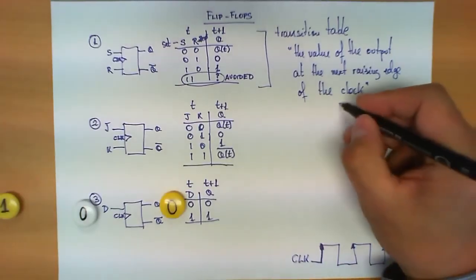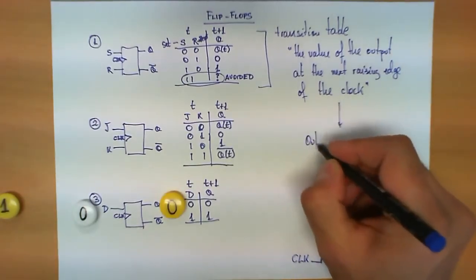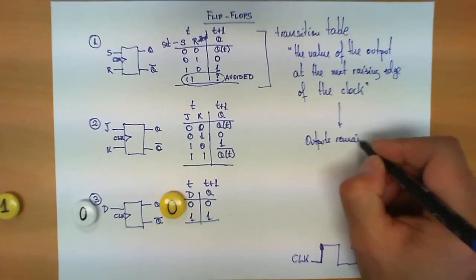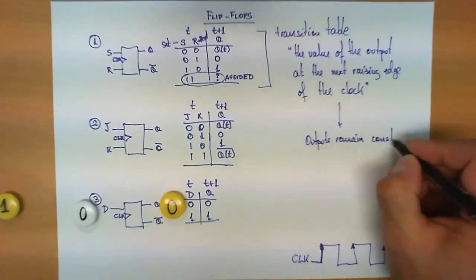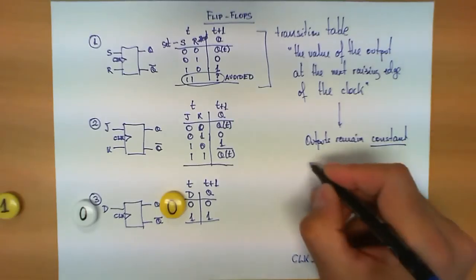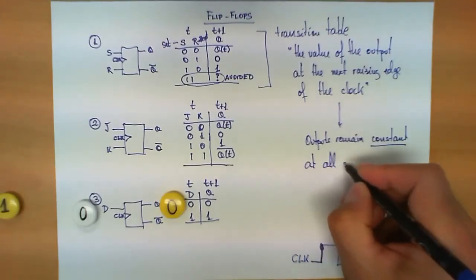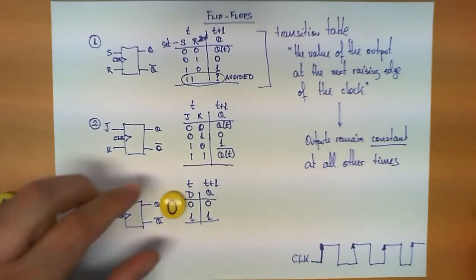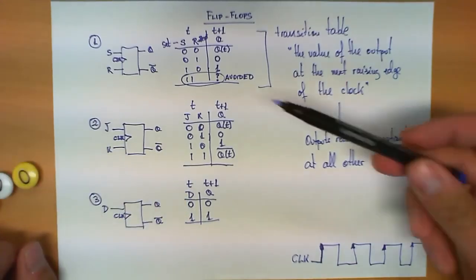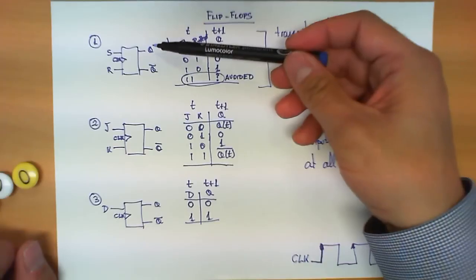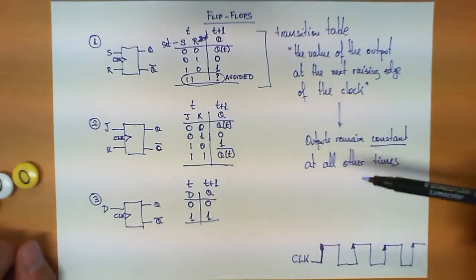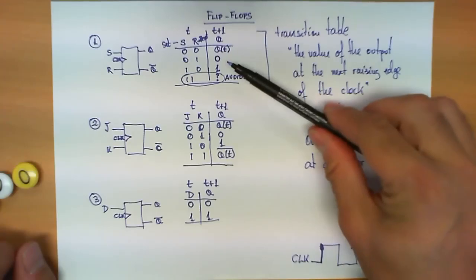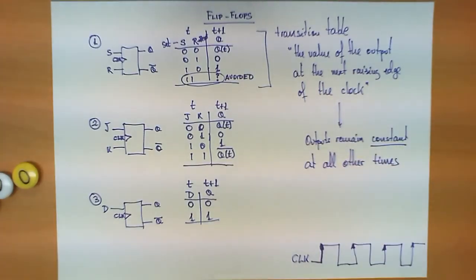And very importantly also to remember is that outputs remain constant at all other times. So, another way of looking at it, the common property of these three circuits is that the transition in the outputs only occurs when there is a rising edge on the clock, and they occur based on these three transition tables that we have depicted here.